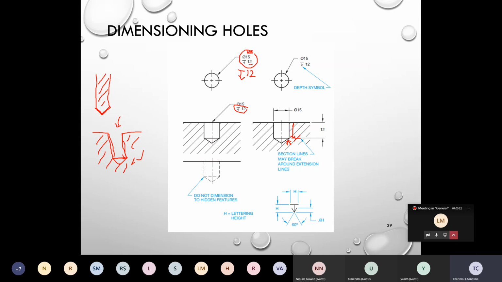No need to specially mention it if you're using this method, or else you can use this one, with the diameter here and depth like this. Any questions about dimensioning holes? No.